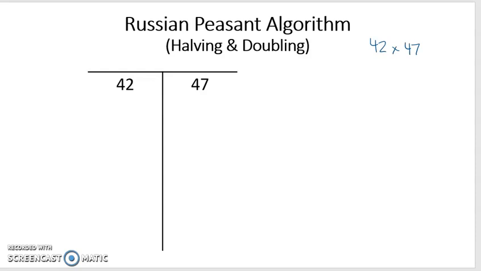So what you do is, in this case, I'm going to find the product of 42 times 47. I'm going to halve, H-A-L-V-E, cut in half the values in the first column, and I'm going to double the values in the second column. So 42 divided by 2 is 21.